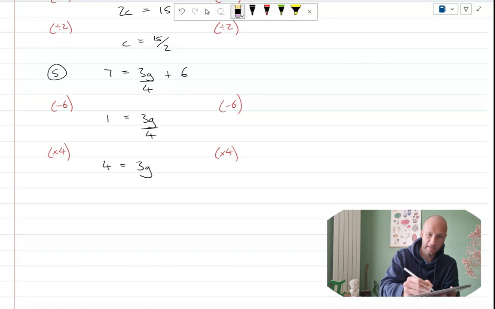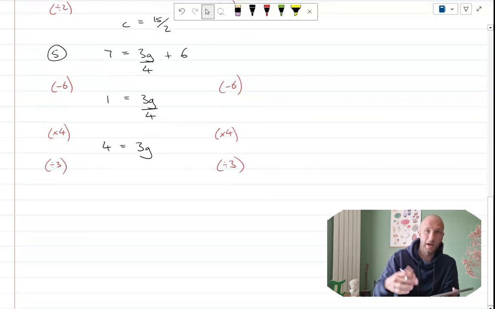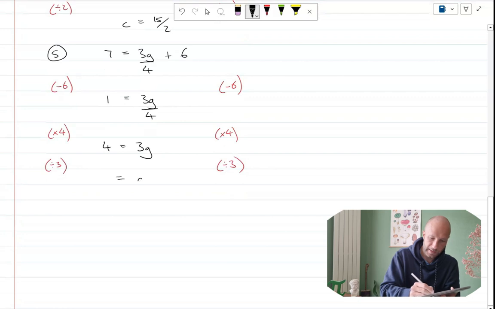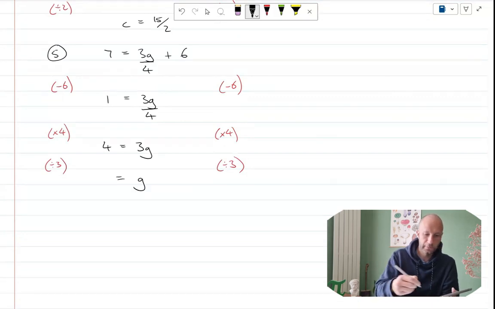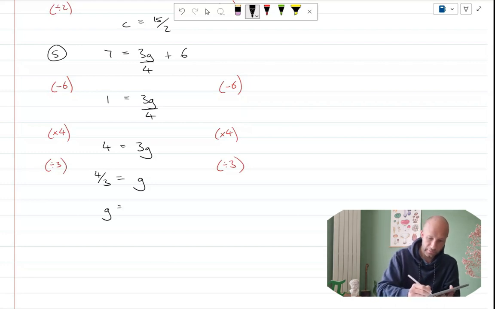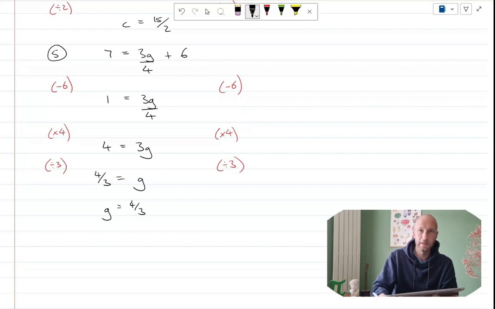So I'm going to divide both sides by 3. Doesn't matter what's on the other side. The important thing is the g term and how I'm going to get rid of that 3 in front of it. So divide by 3 on the right, nice and easy, the g pops out. 4 divided by 3 doesn't go in, so I just write 4 over 3, which means 4 divided by 3. And then I'll just reverse it so that I have the g first.